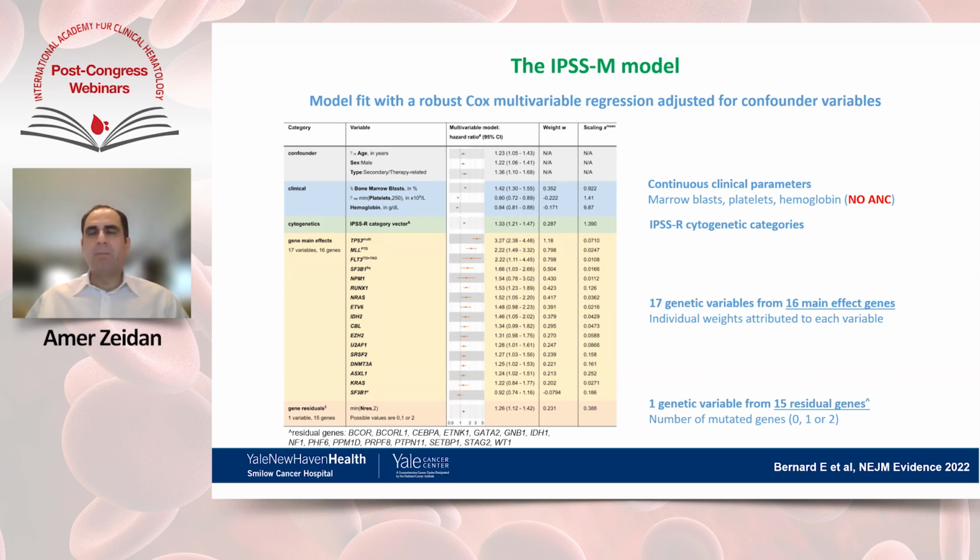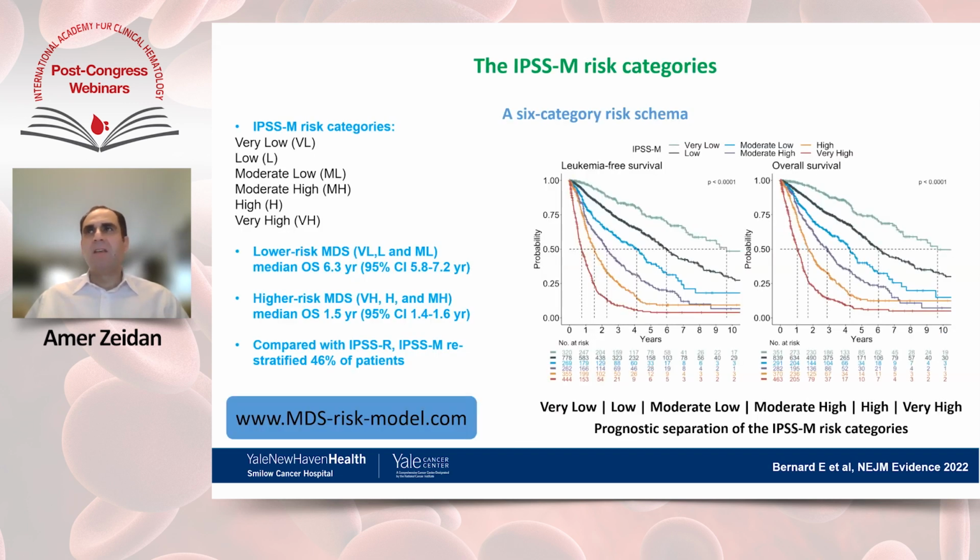And I think very important finding within this system is that the ANC, the absolute neutrophil count, does not matter when you account for molecular alterations. So it's not part of the calculation for the IPSSM. However, the blast, platelet, and hemoglobin continue to be included, and the revised IPSS cytogenetic risk groups continue to be used. And luckily, you don't have to remember all of this because it's very difficult to calculate by hand.